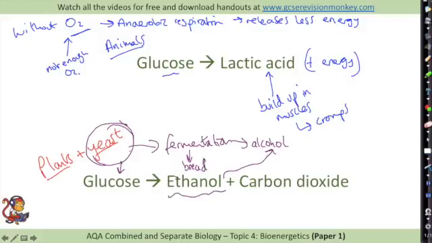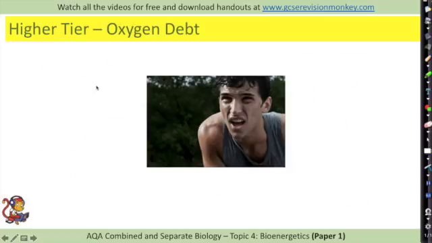And in the bread making industry, it's actually the carbon dioxide that they're interested in, because the carbon dioxide helps to make the bread rise, because the bubbles of gas are forming in the bread and it helps to make the bread rise.